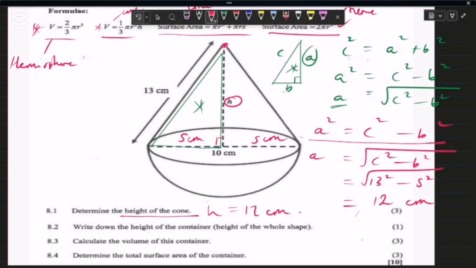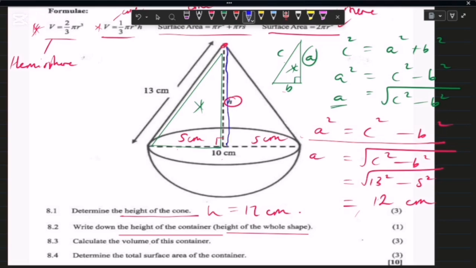Then the follow-up question 8.2, they said that we must write down the height of the container. In other words, the height of the whole object. Now we have to be very careful, because we know that the 12 centimeters is from the apex, or from the top, to this point.